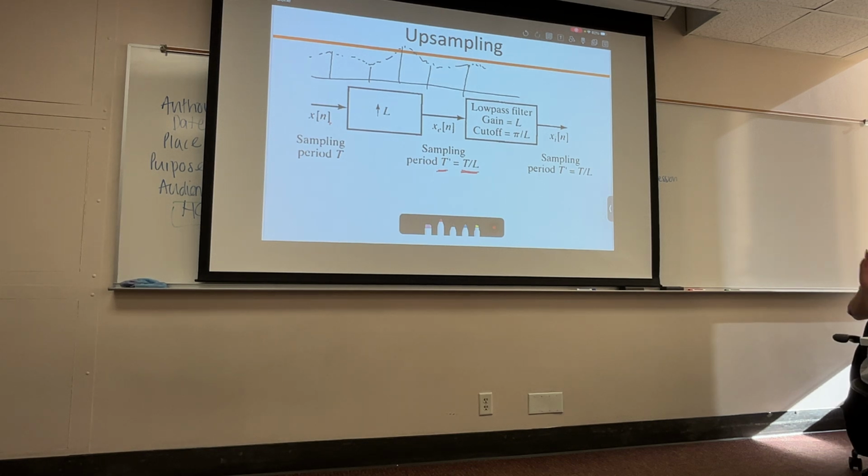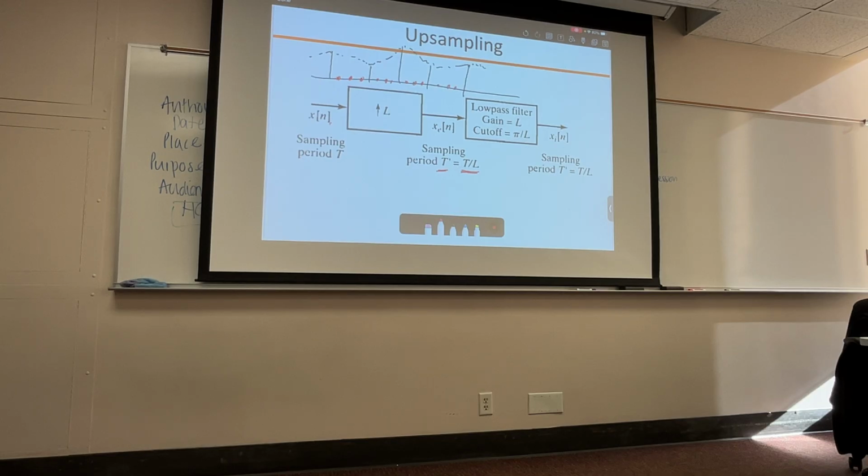But before we do that, usually what people do for the upsampling is that you create a zero sample. Because I don't know anything, I just assume that it's a zero. So you're going to have a 1 here, 0, 0, 0, then 1 here, 0, 0, 0. You're all zero in between.